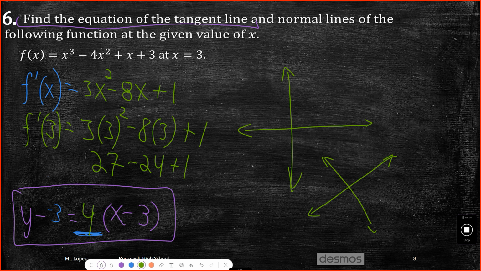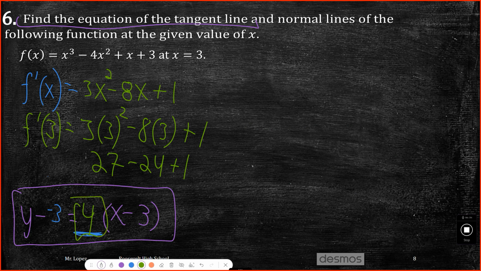All you gotta do is this. The slope of this line is 4, no? The slope of this line is 4, m equals 4. The normal line to a line that has a slope of 4, and we go like this, that is perpendicular to it.